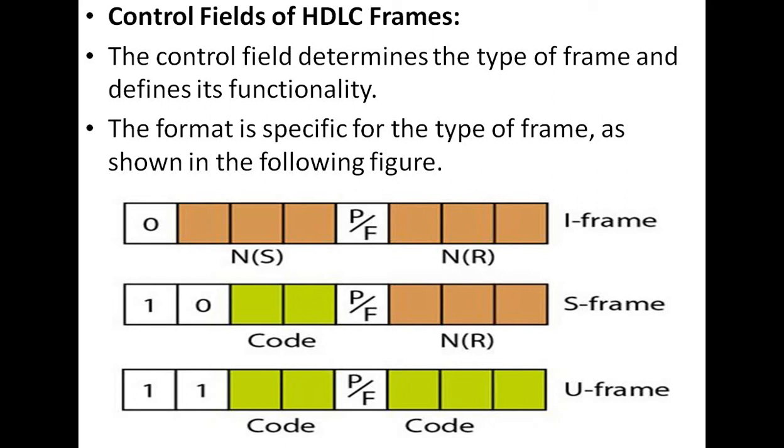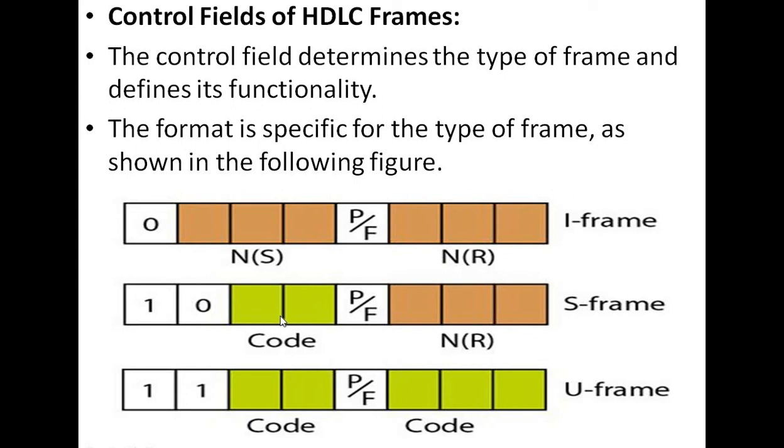So how can we know that the frame is RR, that means receive ready? If the value of the code subfield, listen carefully, is 00, then we can consider it as an RR S frame.